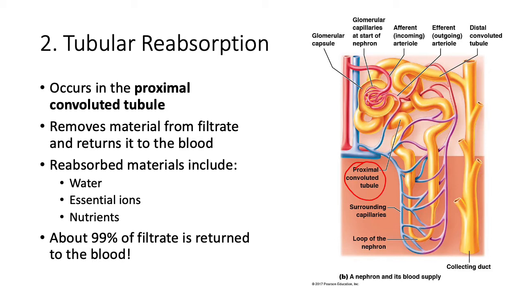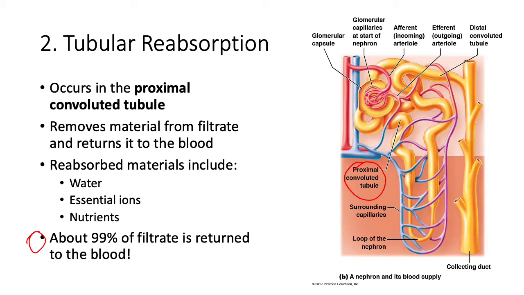At this point, there again is material in our filtrate that we actually want to go back into the blood. And so things like water, essential ions, and nutrients, they're actually going to get pushed back into the bloodstream. Interestingly, about 99% of the filtrate that is pushed out of the bloodstream in the glomerulus is actually returned to the blood. So that means that only 1% of that filtrate actually is going to become urine.